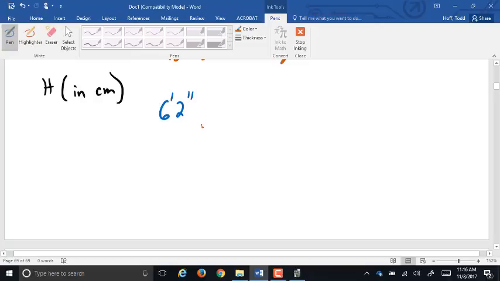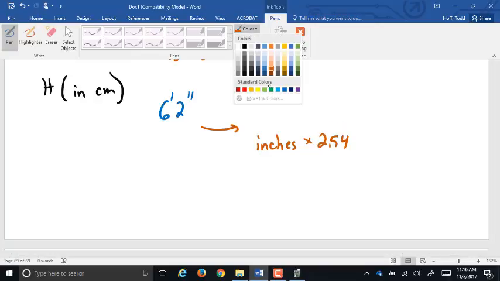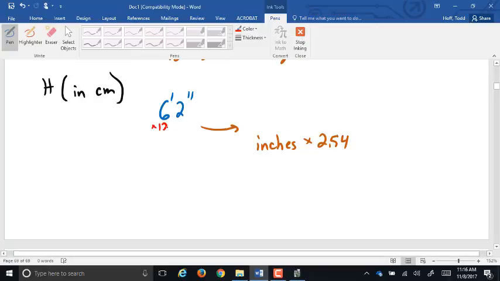Well, first, what times 2.54? There we go. My height in inches times 2.54. So first I would have to do 6 times 12 is 72, and then add the 2 to get 74. So it'd be 74 times 2.54.